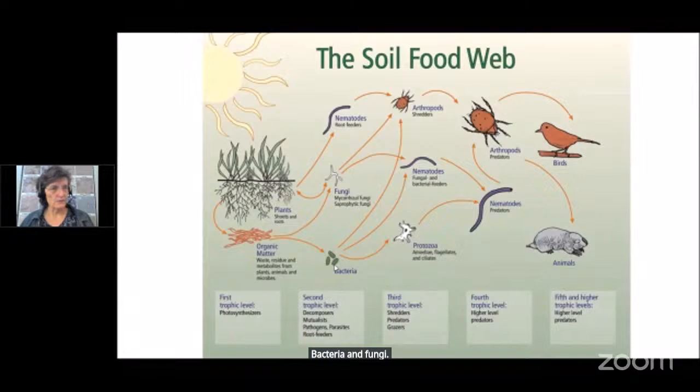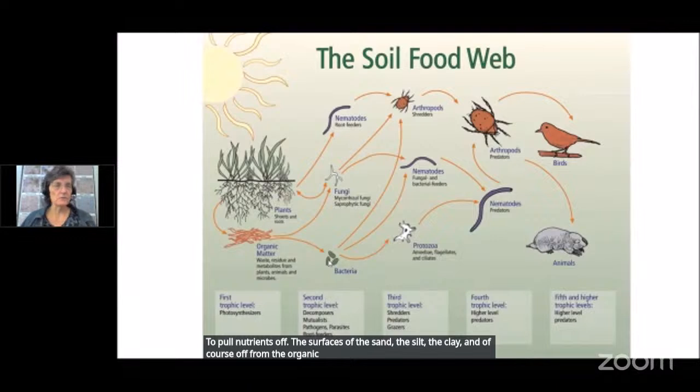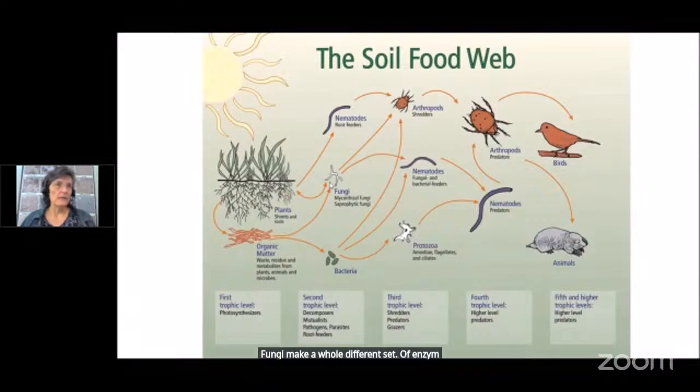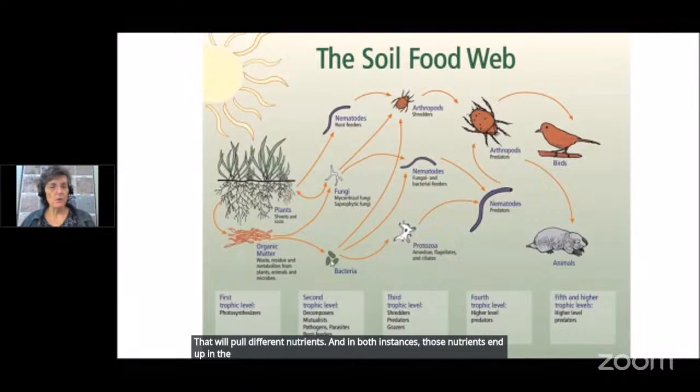Bacteria make one certain set of enzymes to pull nutrients off the surfaces of the sand, the silt, the clay, and of course off of the organic matter that might be in the soil as well. Fungi make a whole different set of enzymes that will pull different nutrients, and in both instances those nutrients end up in the fungal biomass or in the bacterial biomass.